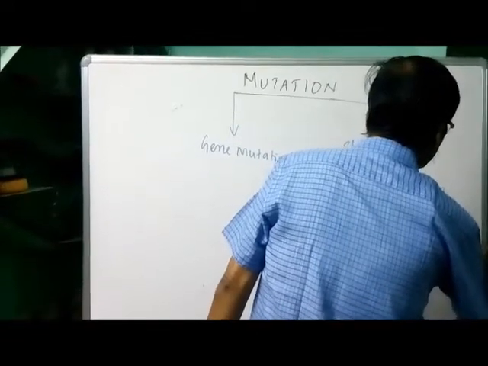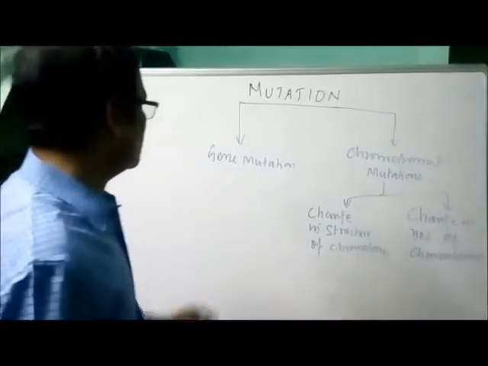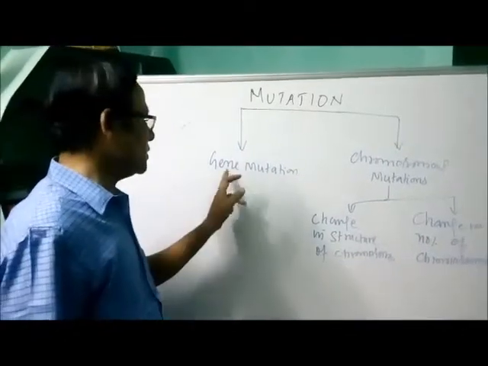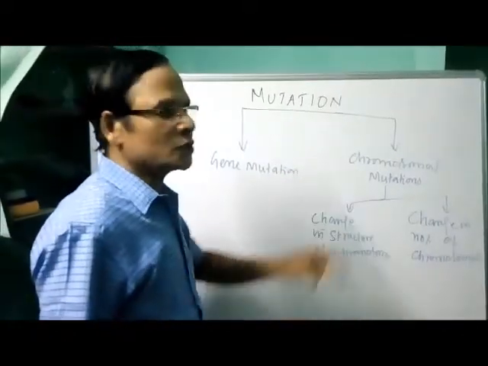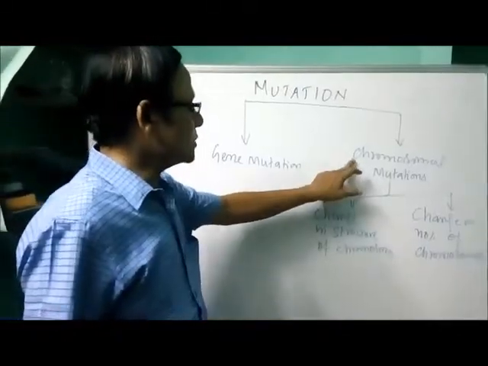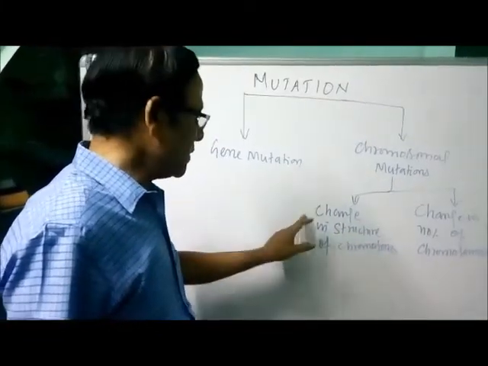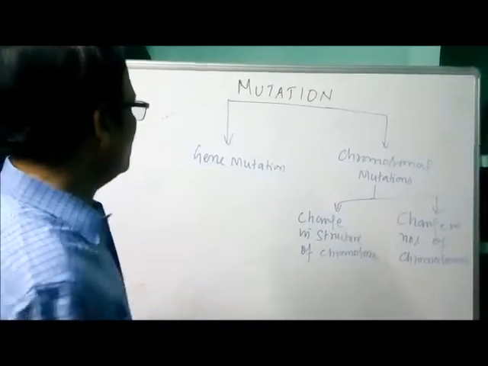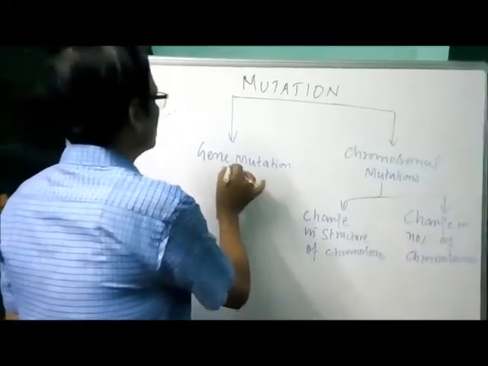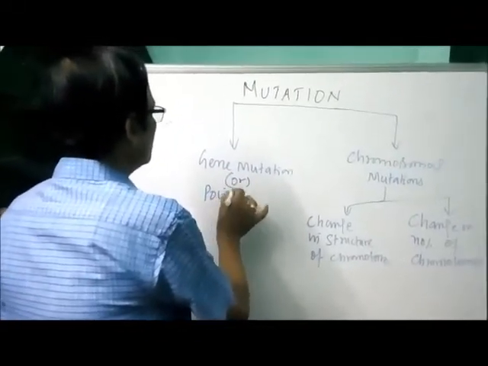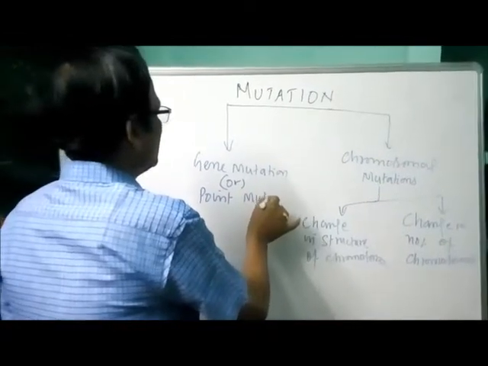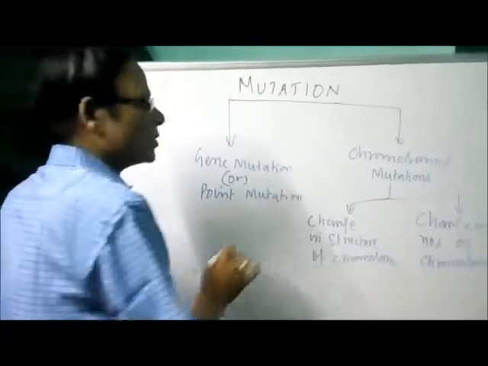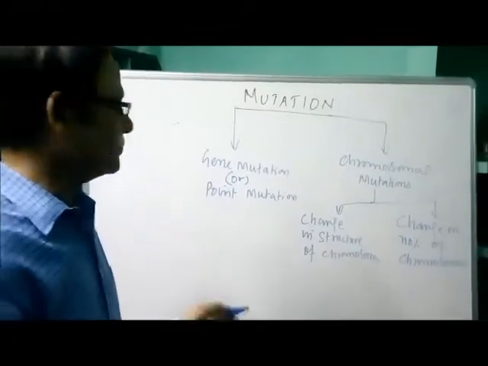So these are the three major types of mutations, either change in gene or chromosomal changes. The chromosomal mutations are of two types. Now the gene mutation is also called point mutation, as it affects a particular point in a chromosome, namely the gene.